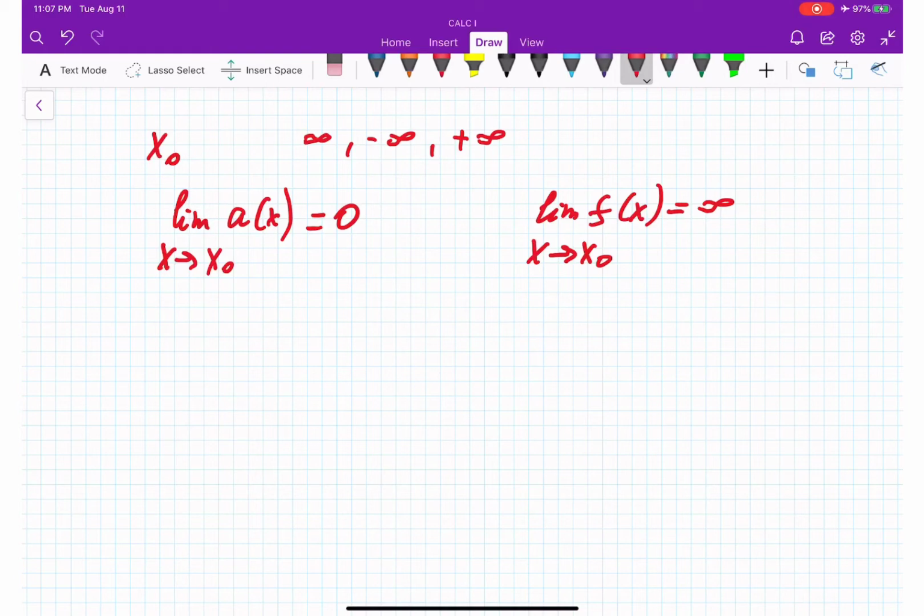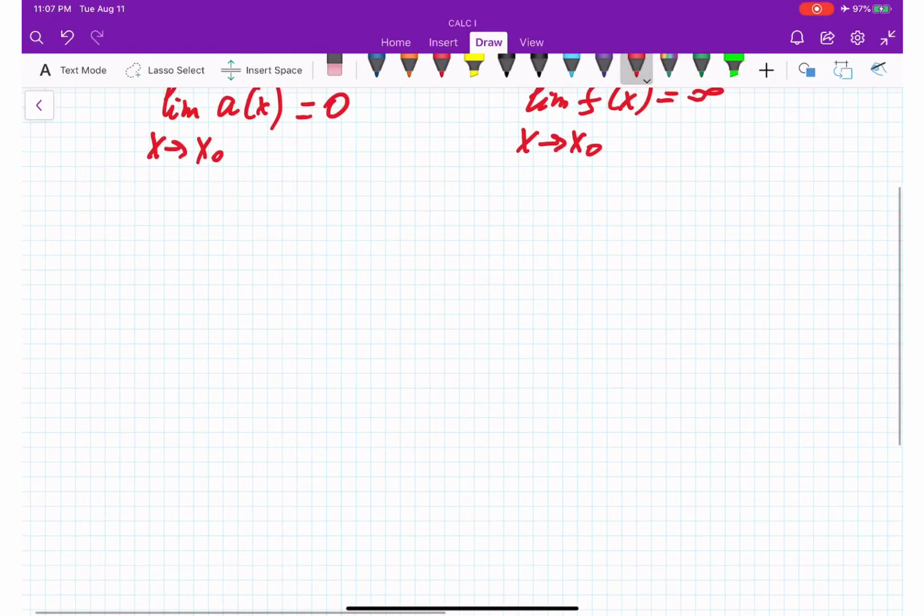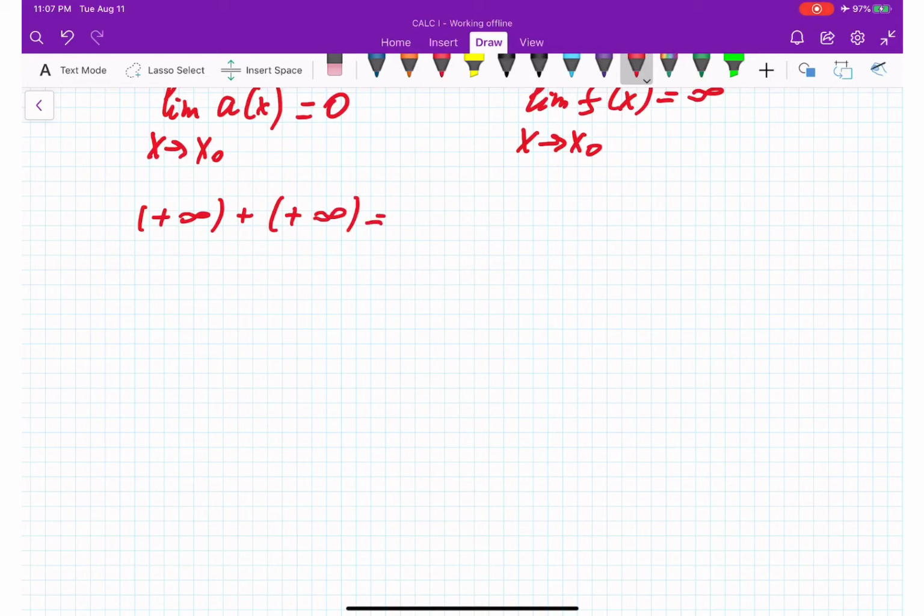Okay? So now let's look at the properties of these infinitely large or small numbers. Here are the properties. If you have positive infinity plus another positive infinity, the result is going to be positive infinity.